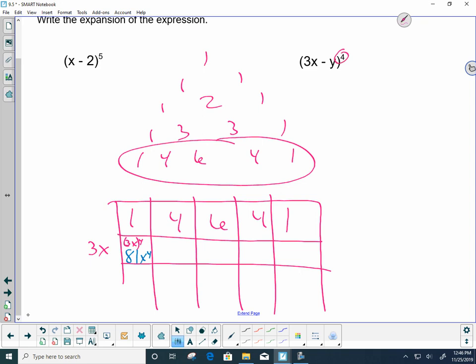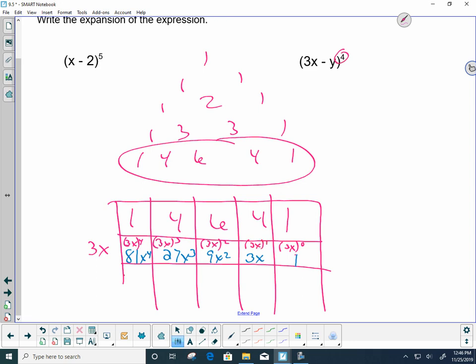Then the next box would have 3x raised to the third power, which will end up being 27x to the third. And I'm going to keep that pattern going. And then this final one would be 3x raised to the 0 power, which is just going to be 1.